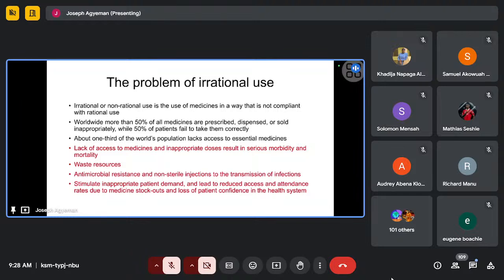A quack person comes in, any small infection, he wants to give you an injection, because he knows that locally we understand that once you are given an injection, then it means that is the proper treatment. It means that, yes, you've been treated well. So they give you those things, quack persons, you waste resources, you create antibiotic resistance.